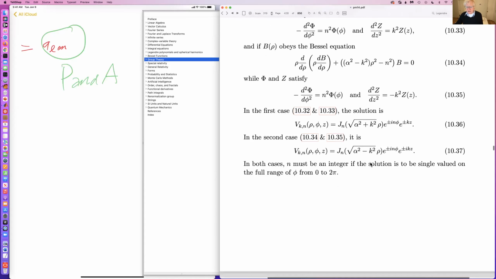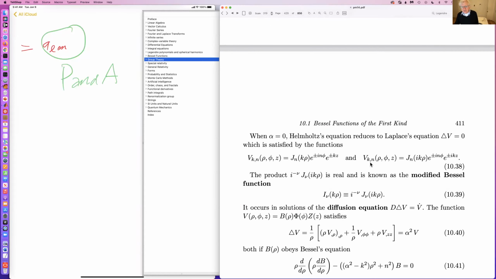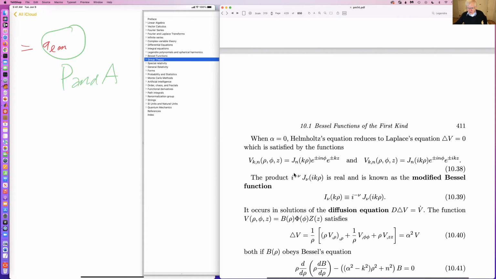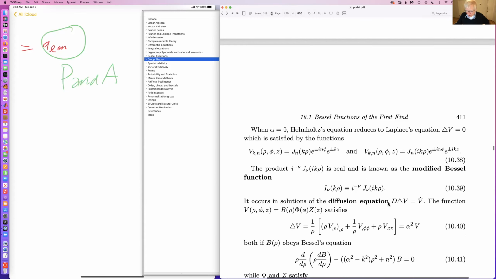These are more complicated solutions, which we'll get to later. Well, actually, we're getting to them right now. In other words, we have ik rho, and here we have k rho. This ik rho, if you multiply it by i to the minus nu, you get something that's real, and that's called a modified Bessel function.